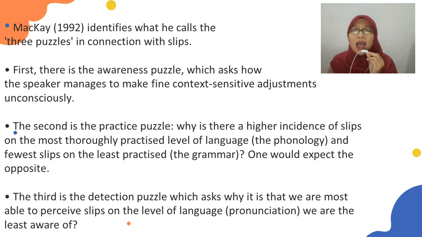Why is there a higher incidence of slips on the most thoroughly practiced level of language, the phonology, and fewest slips on the least practiced, the grammar? One would expect the opposite. The third is the detection puzzle, which asks why it is that we are most able to perceive slips on the level of the language, pronunciation, we are the least aware of.